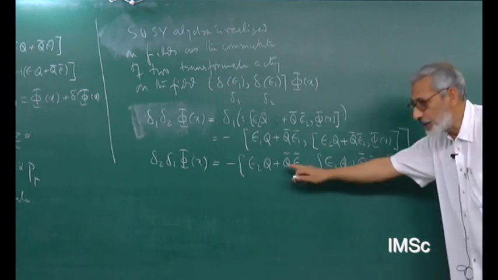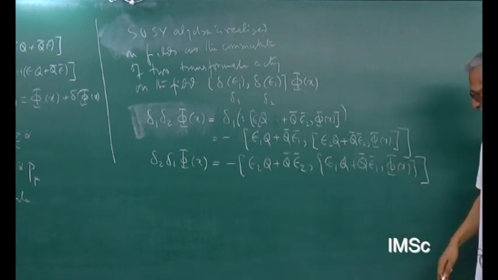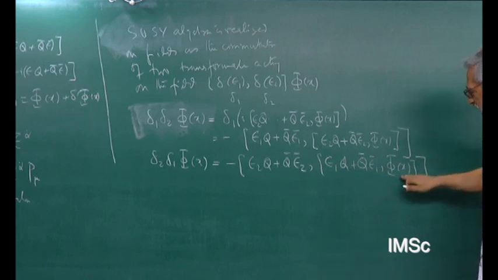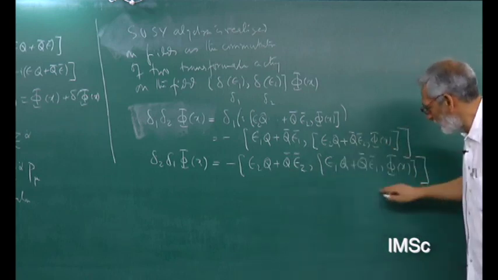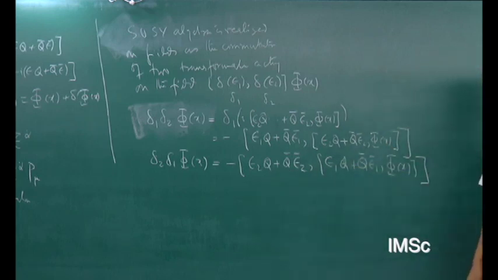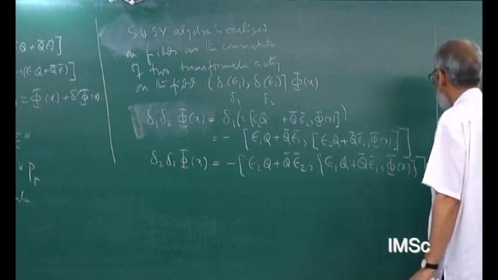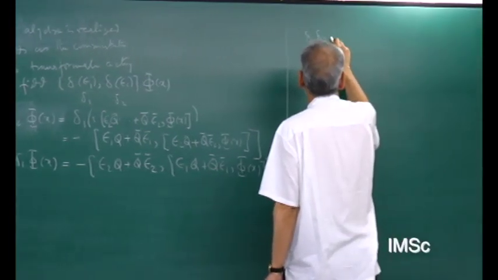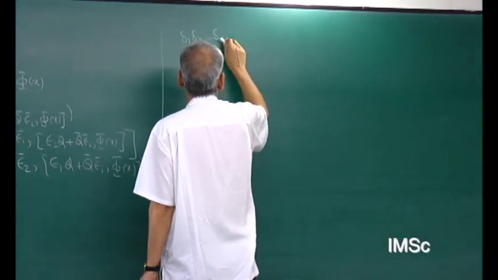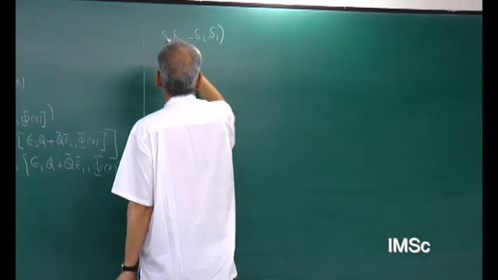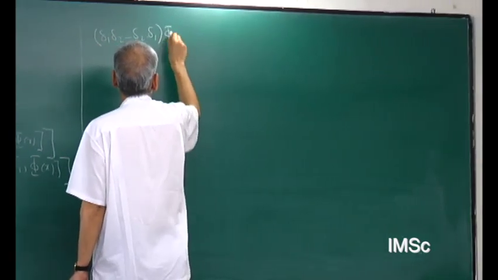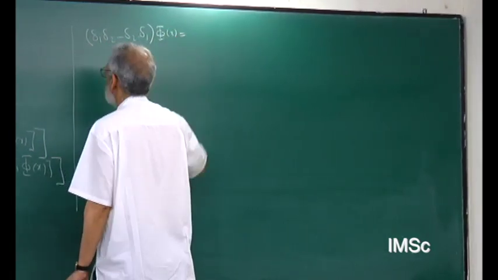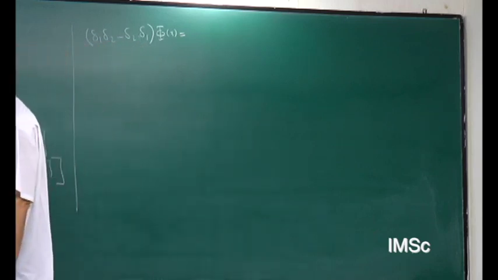This is a double commutator: commutator of this with this, and then commutator of this with the result of this. And let me subtract them out. That's what I mean here. This is what I want to evaluate.